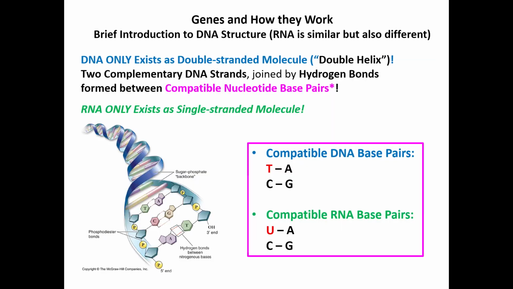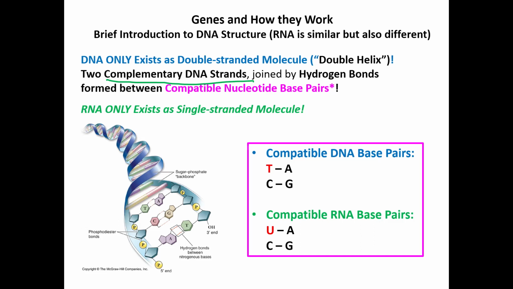So here we get the next little detail that is important to know, that DNA only exists as a double-stranded molecule, also known as a double helix, where we have 2 DNA strands that are complementary to each other. In other words, they match.